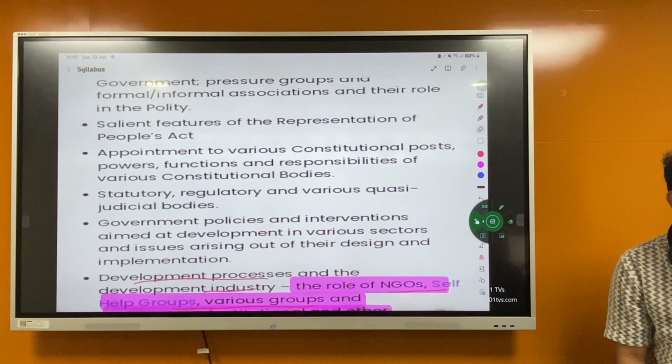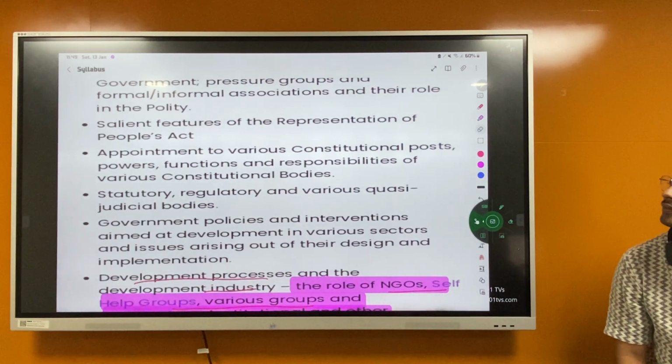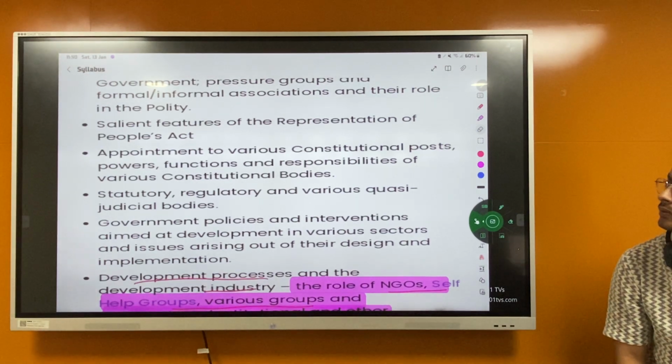appointment to various constitutional posts, power, functions, and responsibilities of various constitutional bodies. So the IAS and IPS, are they conferred through constitution?